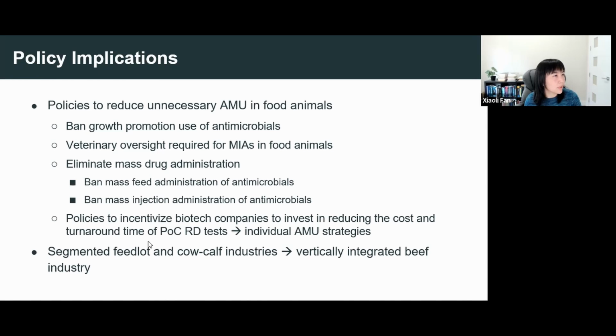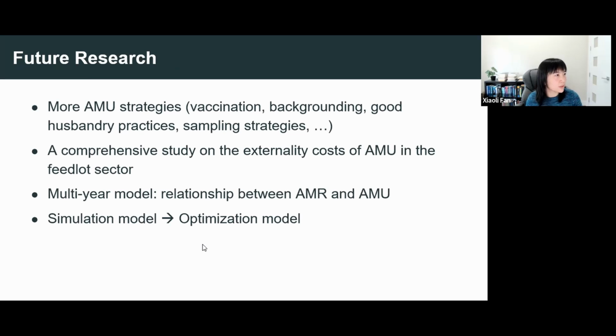We also have some future plans. In this study, we borrowed the externality costs from another study. Maybe we can do a more comprehensive study on the externality cost.